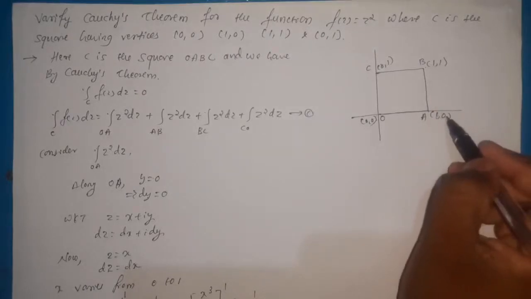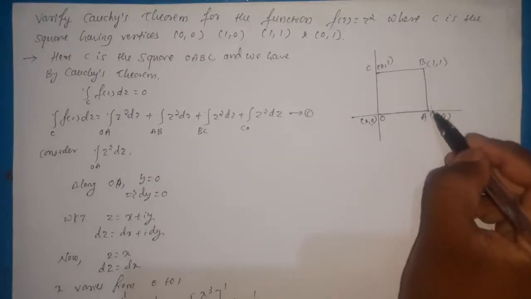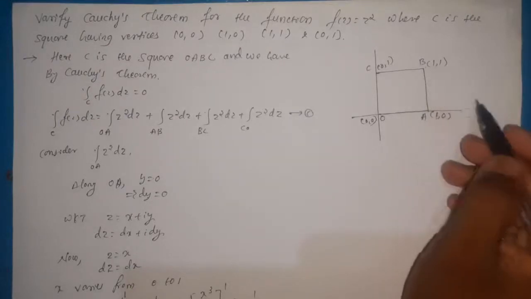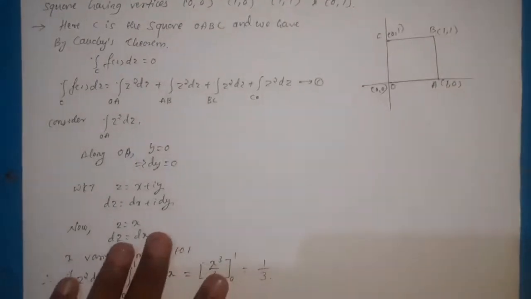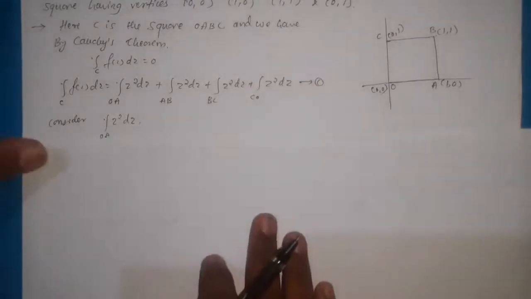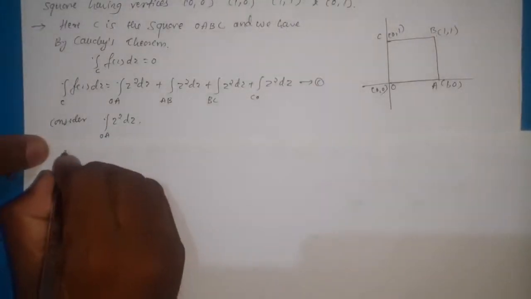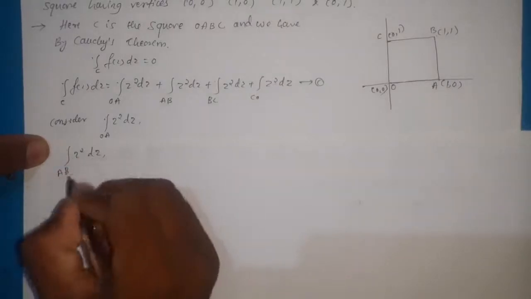Only y is changing from 0 to 1. So on the line AB x equal to 1 and y varies from 0 to 1. So let us consider the next integral, that is integration over AB of z square dz.